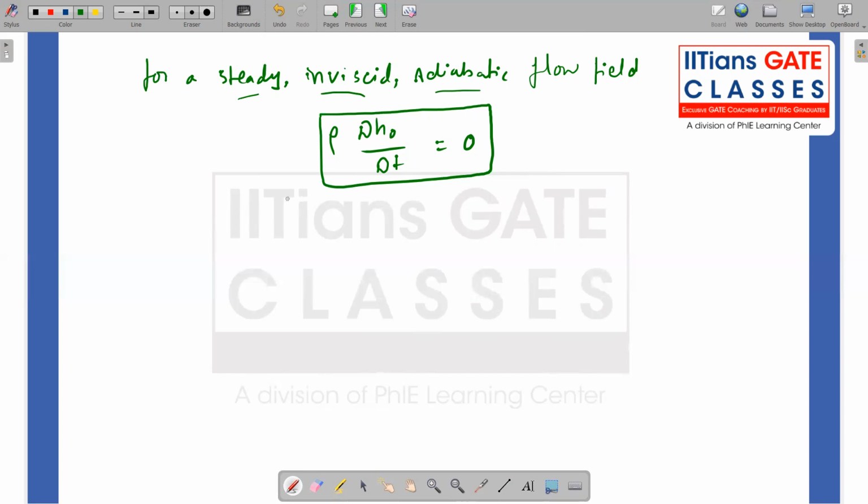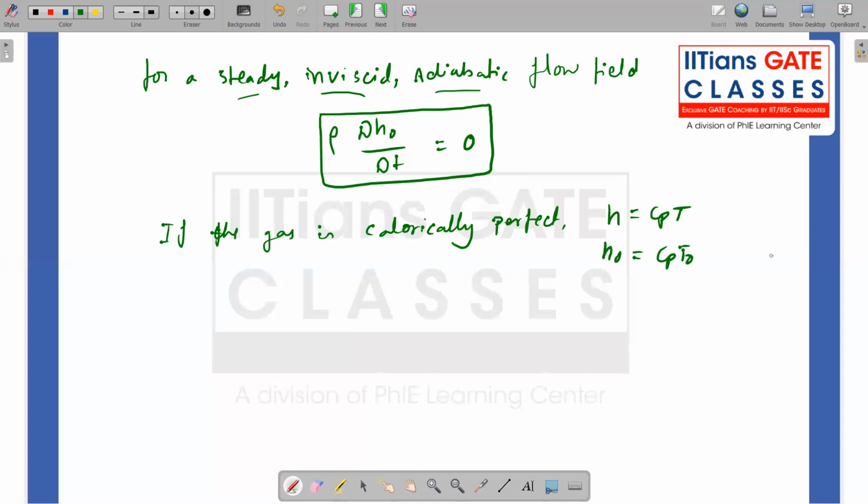So we can go on and define stagnation temperature. If the gas is calorically perfect, then I can write H is equal to CpT, or H naught is equal to CpT naught, with Cp constant.